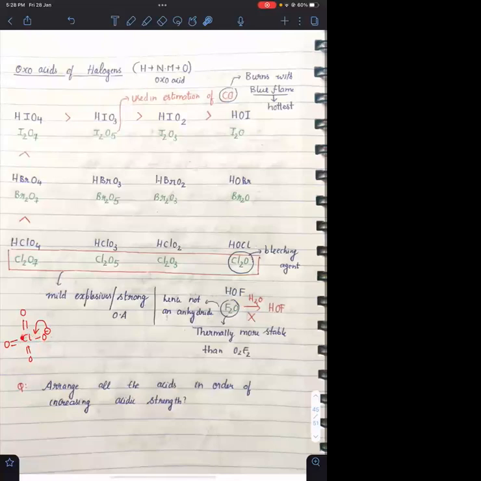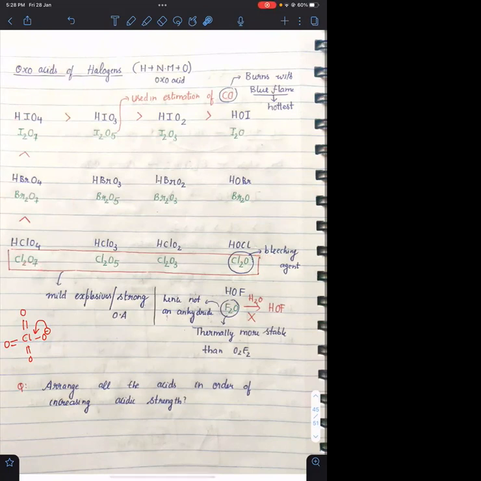This is having a better resonance when compared to Br में orbital size और बड़ा हो जाएगा, so resonance effectively नहीं हो पाएगा. Iodine में orbital size और भी बड़ा होगा, effectively नहीं होगा. इसलिए इनमें HClO4 is the highest, followed by HBrO4, followed by HIO4. Is that clear? Very very important.